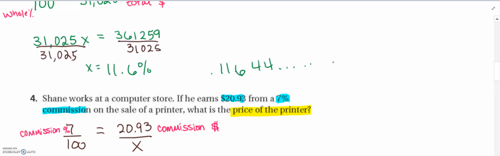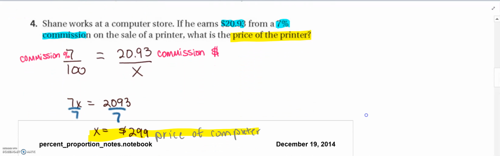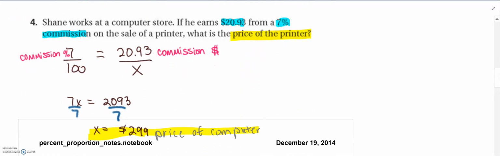So basically, we're asking ourselves to find the total amount when 7% of that total amount is $20.93. As always, we're going to cross multiply and solve, and we get $299 was the price of the printer.